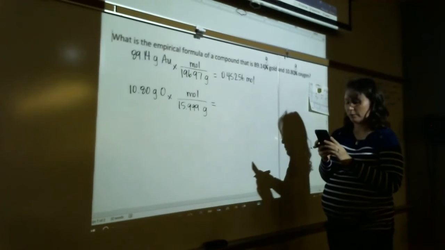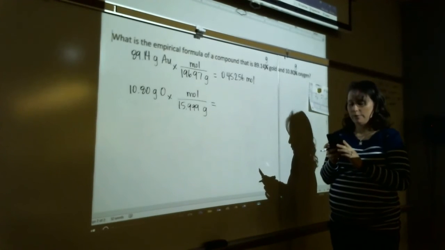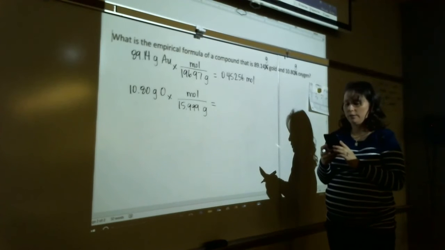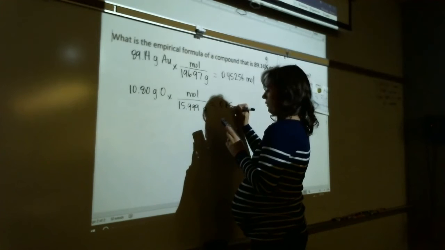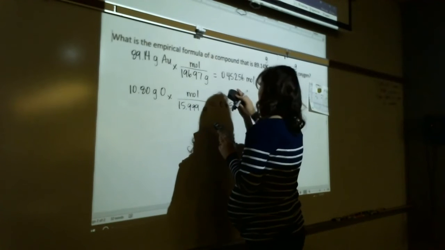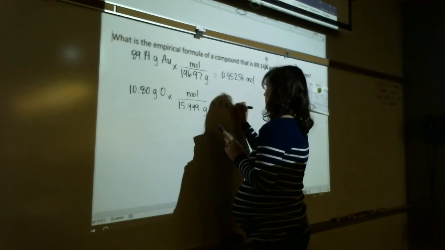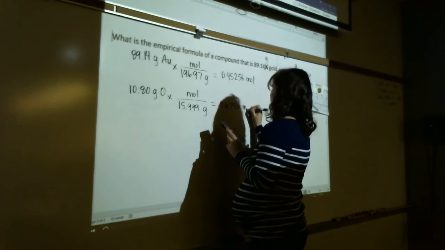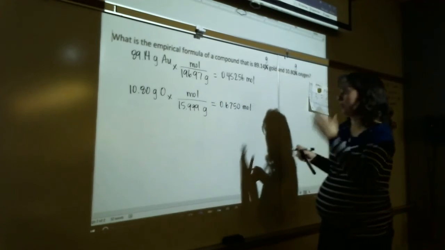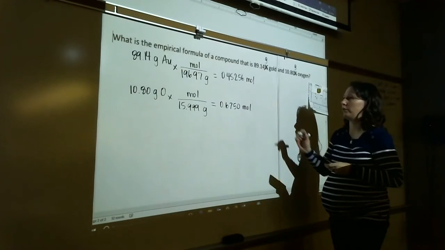And 10.8 divided by 15.999 gives me 0.6750. Okay, so this one's a lot easier to choose the smaller number.